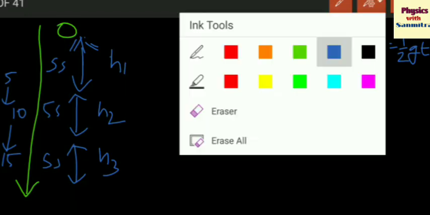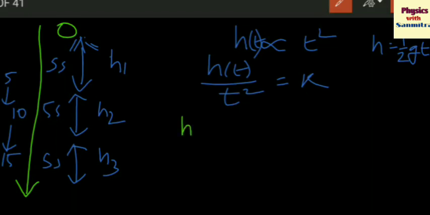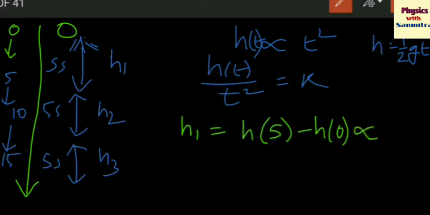Now see, what is h1? The displacement of the stone from 0 seconds to 5 seconds, so h5 minus h0 will be proportional to 5 square minus 0 square. What is h2?